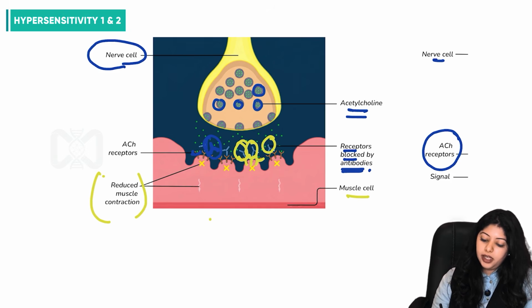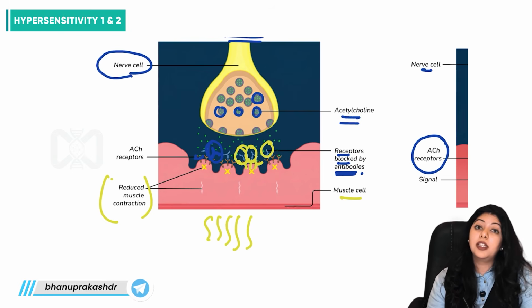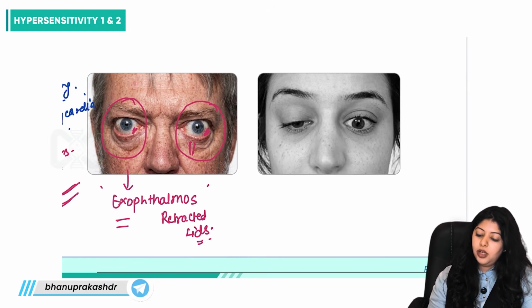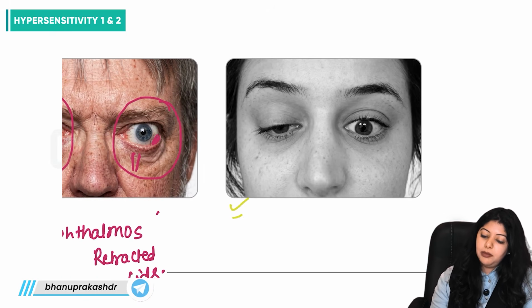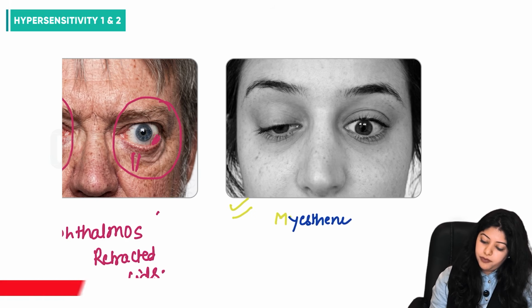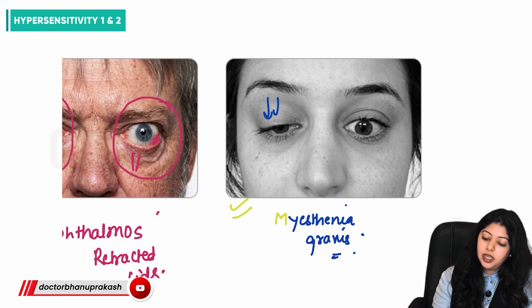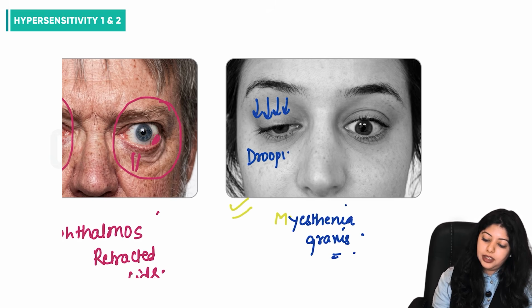So there is reduced muscle contraction because autoantibodies are formed against these receptors. And this is why there is weakness, or reduced muscle contraction, in myasthenia gravis. Right? So this is the classical picture of myasthenia gravis, where inhibiting autoantibodies are formed against ACh receptors, leading to this classical sign, which is drooping of the lid.